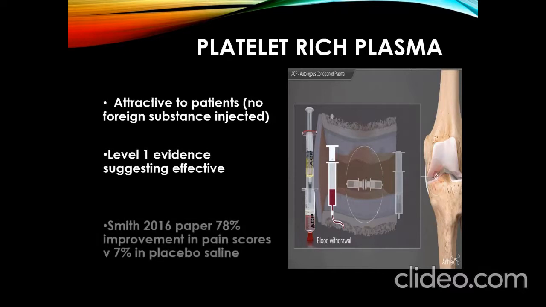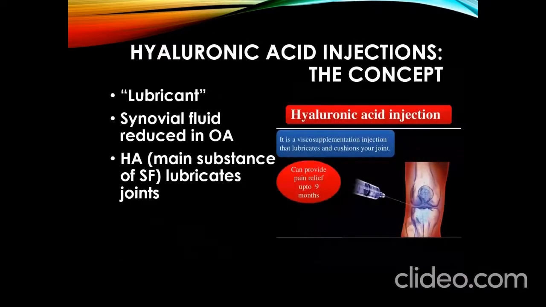You can use your own blood. This is called platelet-rich plasma, and there's emerging evidence that this may be a useful adjunct in the management of patients with arthritis. Similarly, you have lubricant, also known as hyaluronic acid injections, that again may be a useful tool in the management of mild to moderate arthritis.